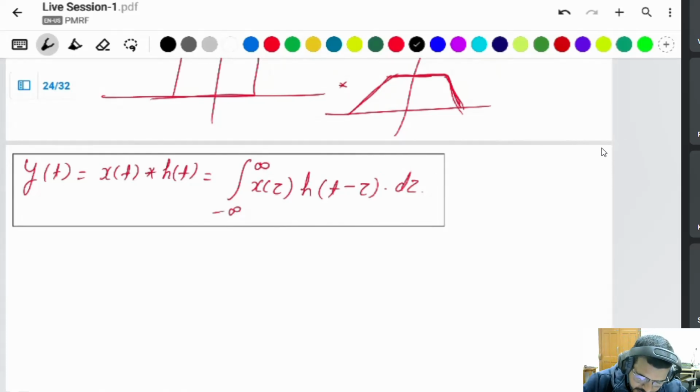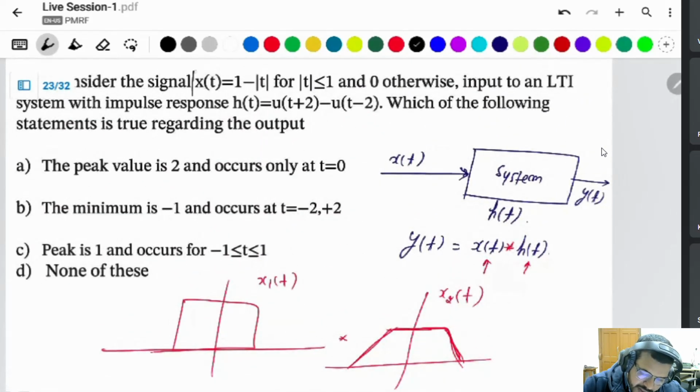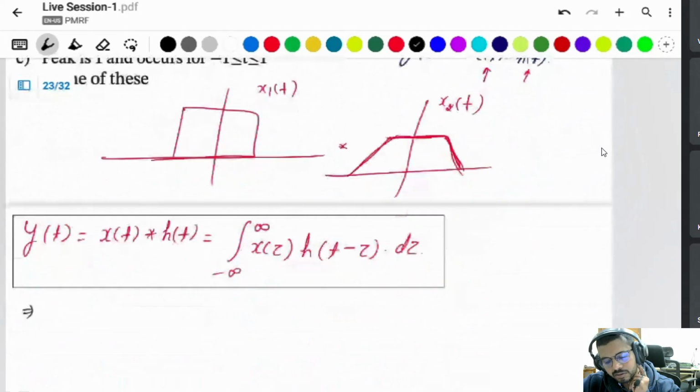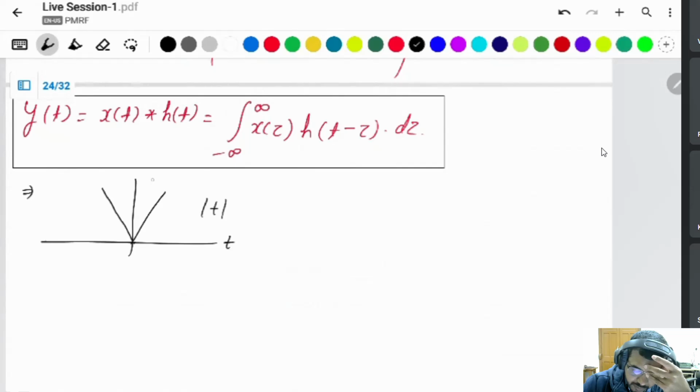For x(t) as given, first of all, find x(t). What is x(t)? x(t) is 1 minus mod t. Then what is the mod t signal? This is mod t, because t is not negative anywhere. You can give any negative value, and the result is also positive.